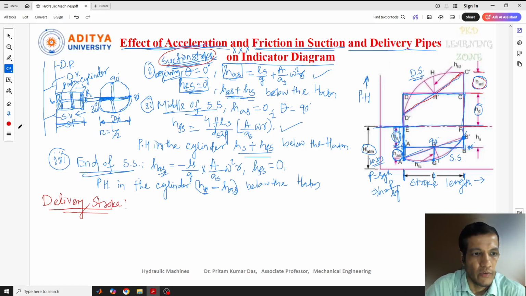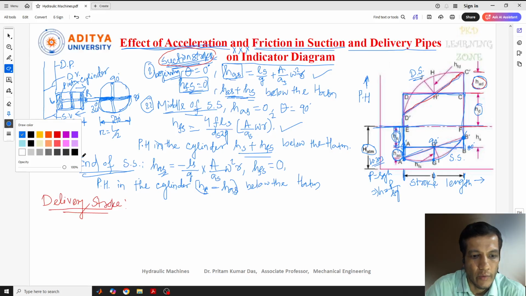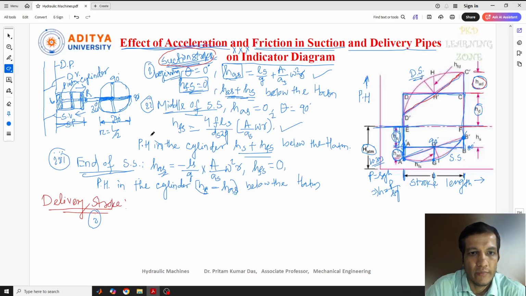For the delivery stroke, again we'll start one by one, like for the beginning of the delivery stroke. Let me write the beginning of delivery stroke. I'll just change the wordings here.